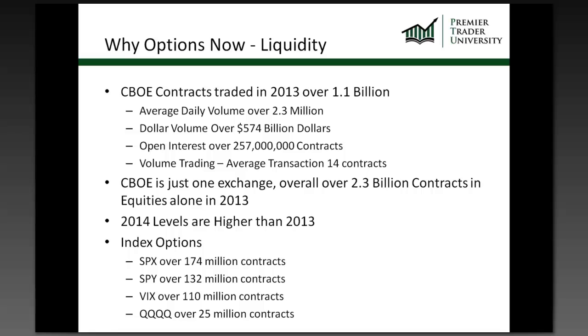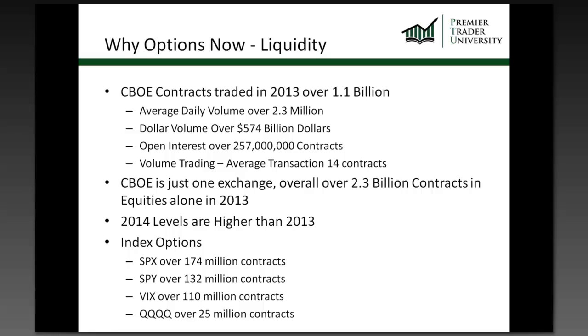And then finally, as individual traders, we're looking to maybe trade 1, 2, 3 contracts and just take a piece of that liquidity. The average transaction is 14 contracts. So the point I'm making here is it's a very liquid market, and as individual traders, we're just looking to get a small piece of that.